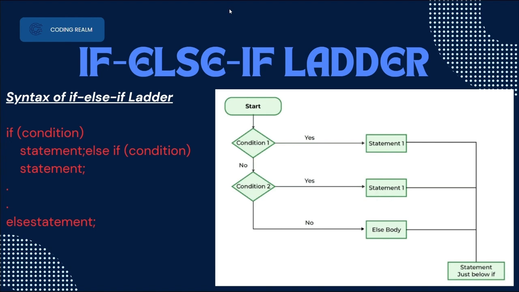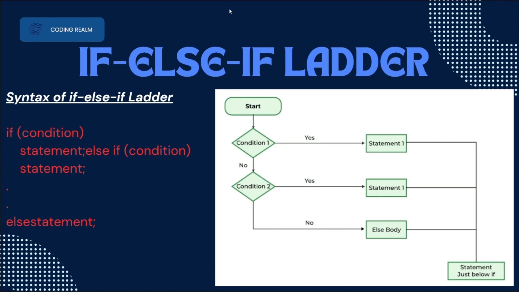As soon as one of the conditions controlling the if is true, the statement associated with that if is executed, and the rest of the ladder is bypassed. If none of the conditions is true, then the final else statement will be executed. If else if ladder is similar to the switch statement.